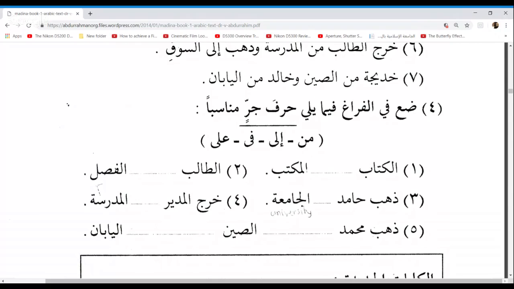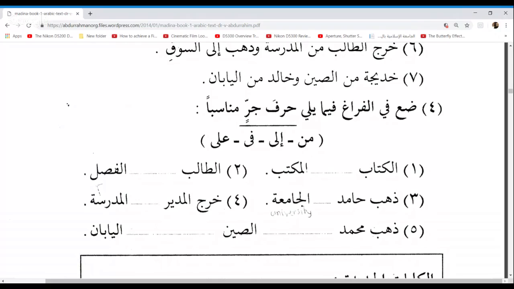Minas-sini. Yeah. Wa Khalidun, meaning Khalid. Min al-Yabani. Yes, min al-Yabani. So Khadijatu minas-sini wa Khalidun min al-Yabani. Khadija is from China and Khalid is from Japan.